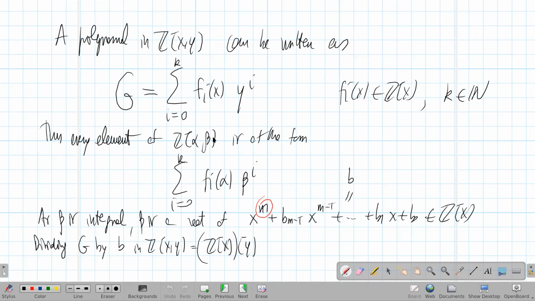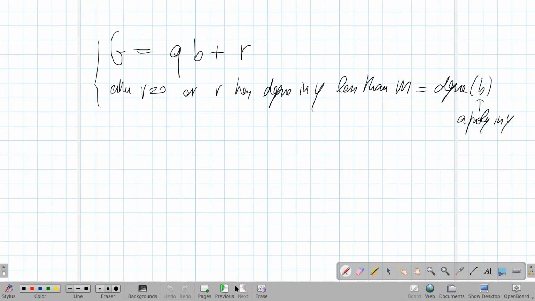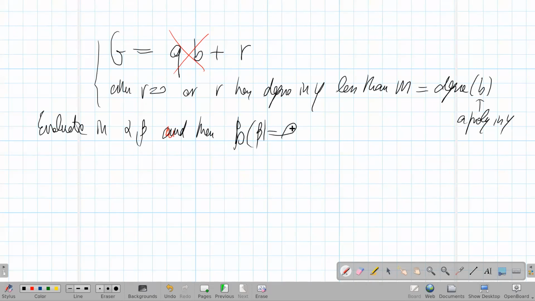But when you evaluate in alpha and beta, you don't need to go up to an arbitrary k, because this vanishes, and B of beta is 0 by definition.